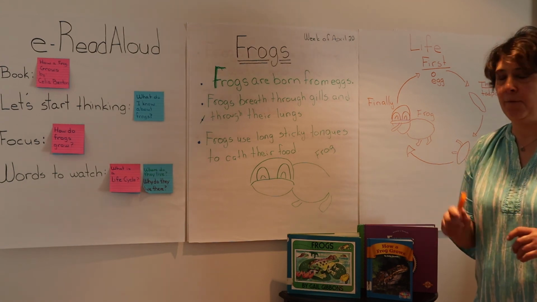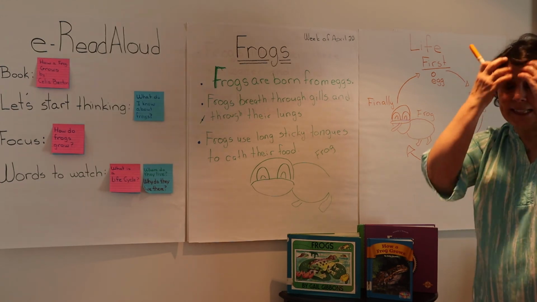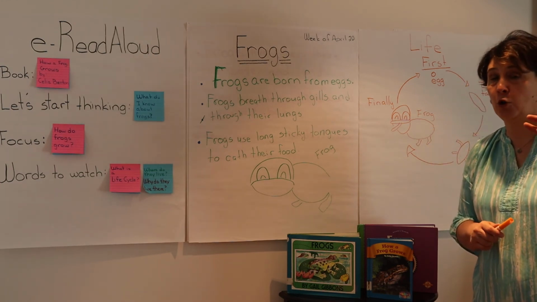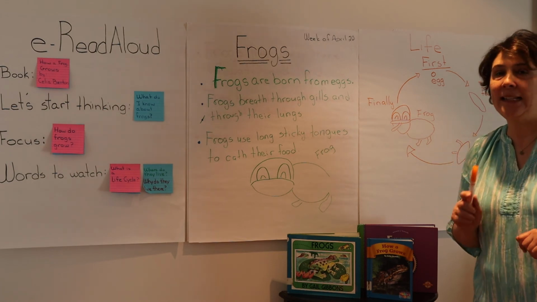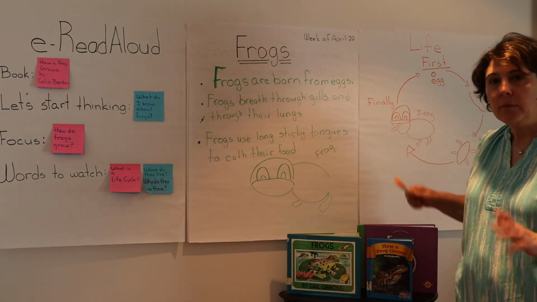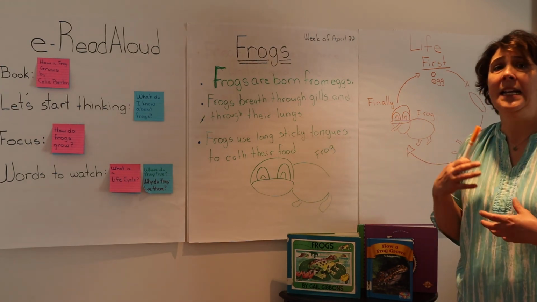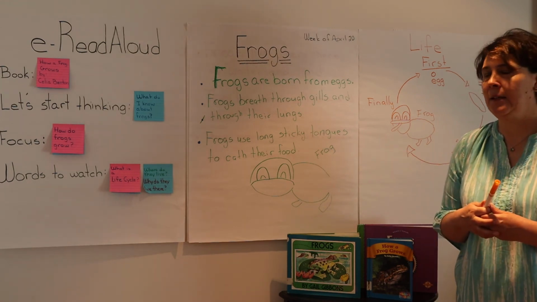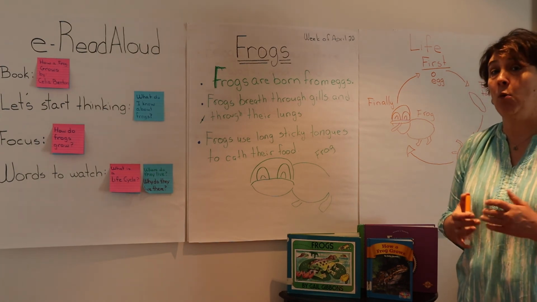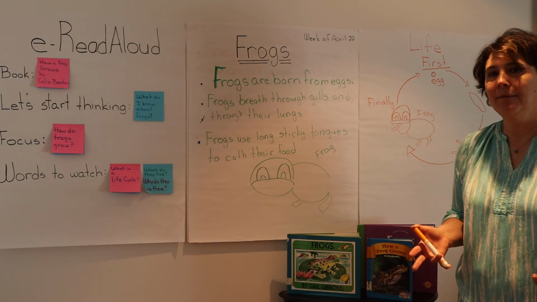Third graders and fourth graders, I want you to take the same animal that you did last week, because we've been doing the same animal for 2 weeks now, or 3 weeks. It can be a lion, it can be a whale, whatever it is. Can you go find out what its life cycle looks like?